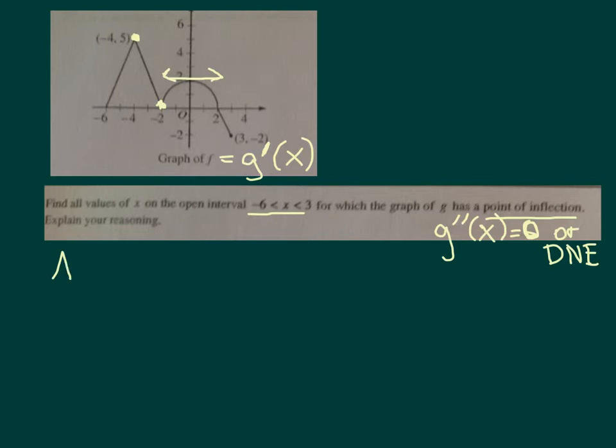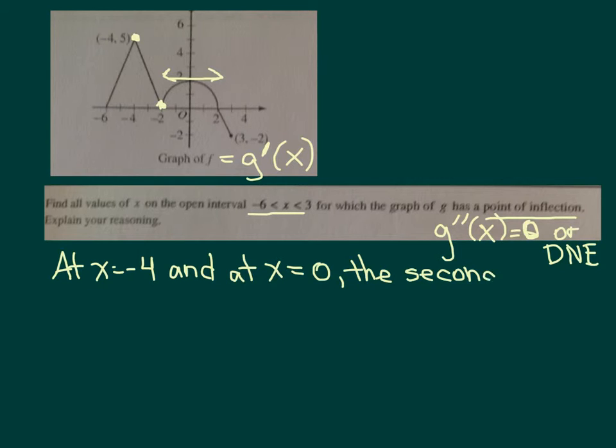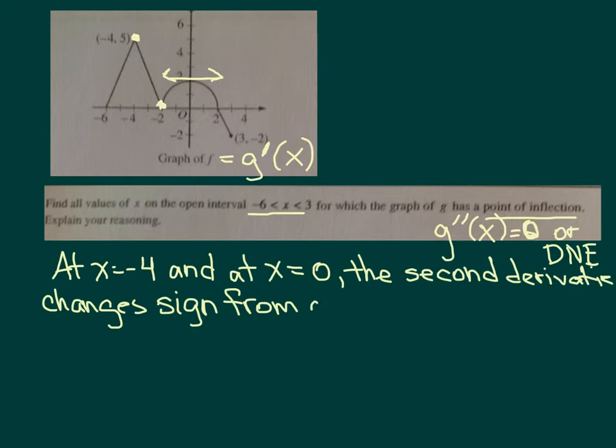So at x equals -4 and at x equals 0, the second derivative of g changes sign from positive to negative.